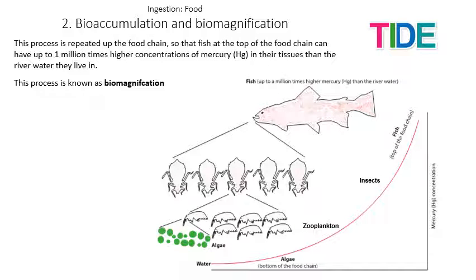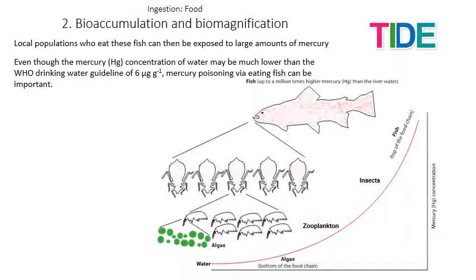And so this process can be repeated in many steps of the food chain, meaning that fish living at the top of an aquatic food chain can have mercury concentrations in their tissues up to 1 million times higher than the waters that they live in. And collectively, this sequence of bioaccumulation steps up the food chain is known as biomagnification.